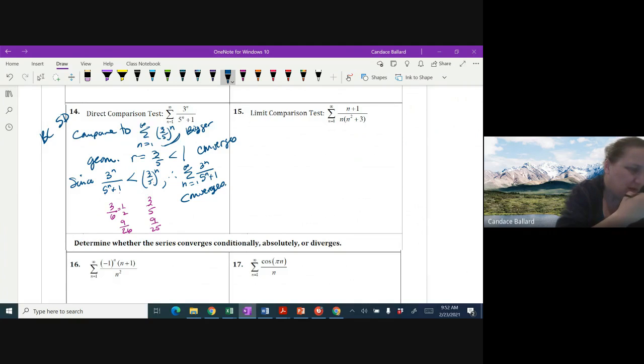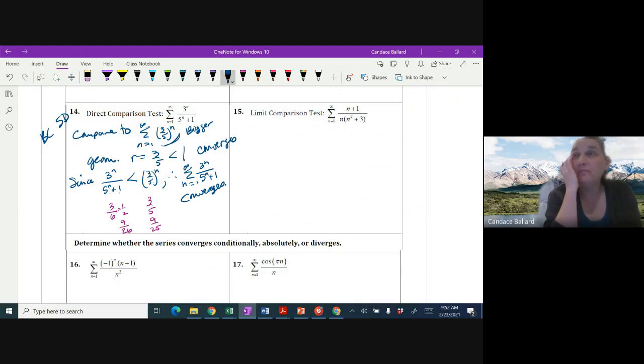What do you guys think we should compare to? Because that one's weird, right? So Gabby says she did n over n cubed. Okay, and Lorenzo is kind of on the same path, except that he left the 3n in there. I like the 1 over n squared. I'm thinking that might be a good idea, okay?